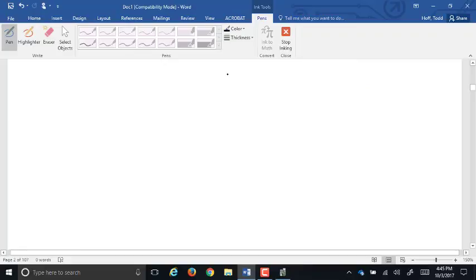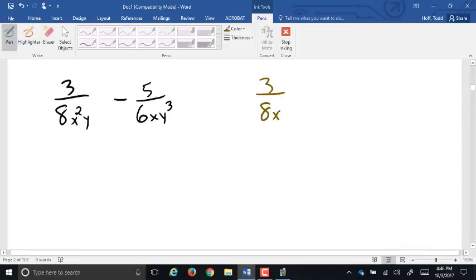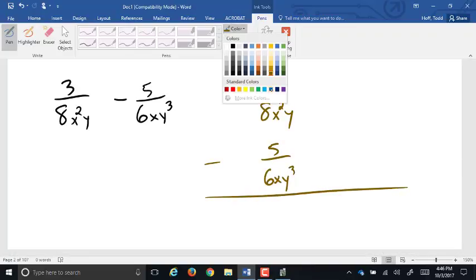And of course, it gets worse, just like it did with the addition. We might have 3 over 8x squared y minus 5 over 6xy to the third. Common denominator.